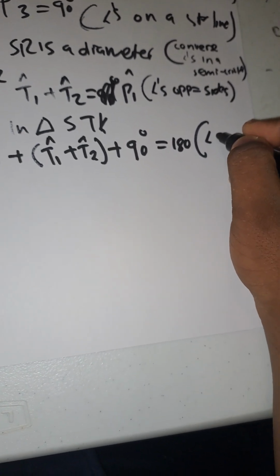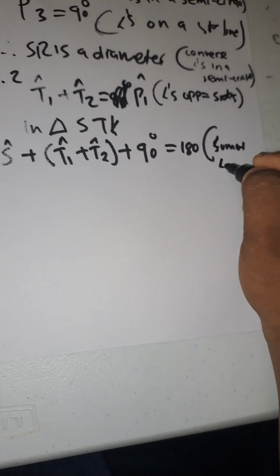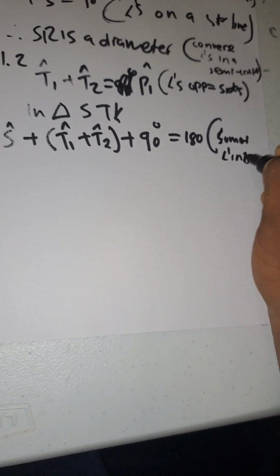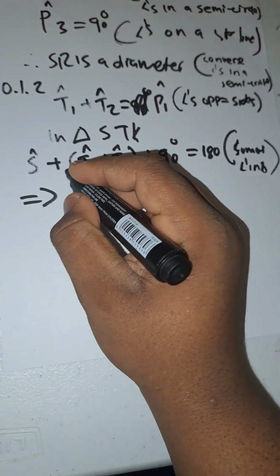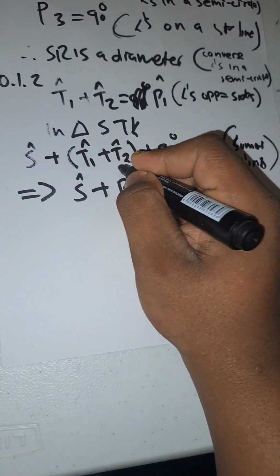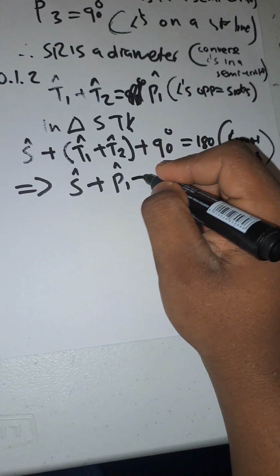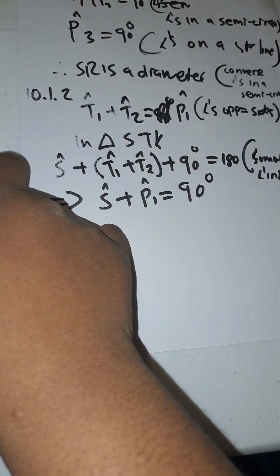Sum of angles in a triangle, right? So you will continue by saying, which means angle S plus P1 is equal to 90 degrees. Do you know now I'm saying P1?